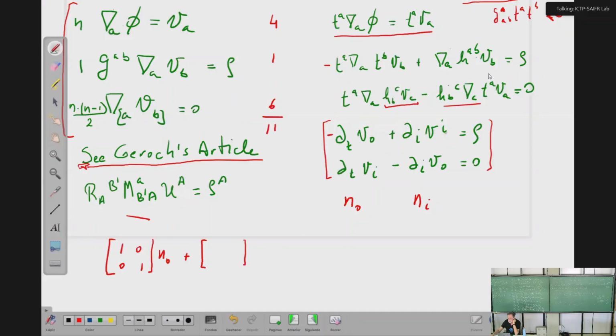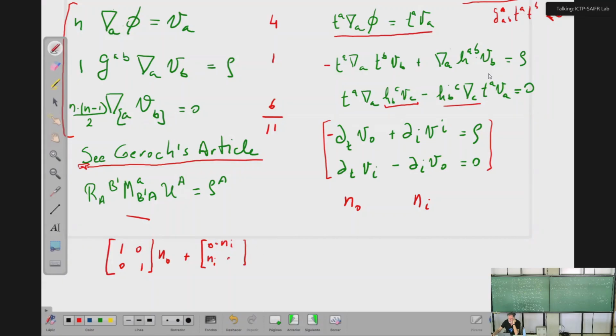This here is contracted with this, so this is an n_i here, 0, with a minus because we put this minus on the other side, and here is a vector. This n_i is a vector that goes like that.